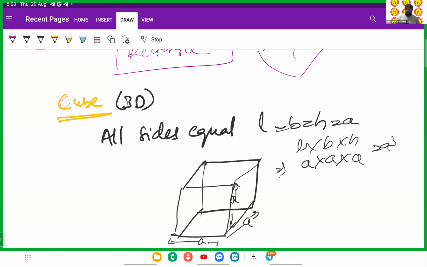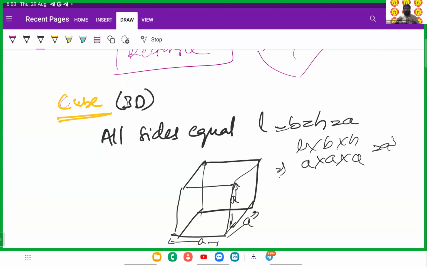And what about the surface area? Surface area is simple, 6A square. What I said, you are joining all these 6 square surfaces, front, top.